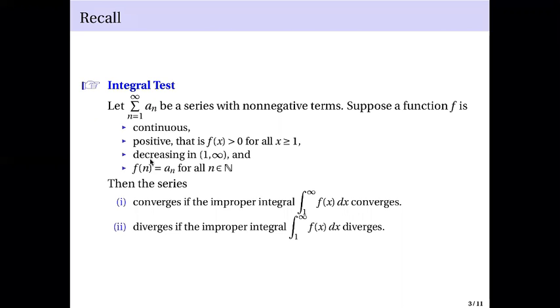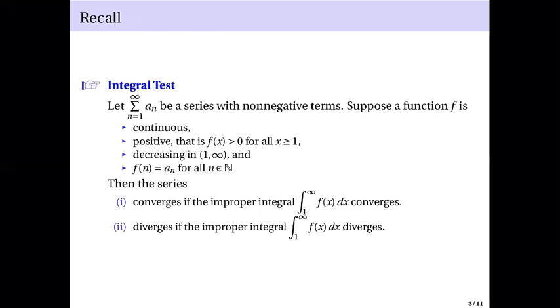Furthermore, the function is decreasing in the interval 1 to plus infinity. And finally, the value of the function at every integer equals a_n. So f(n) equals a_n for all n in the set of positive integers.